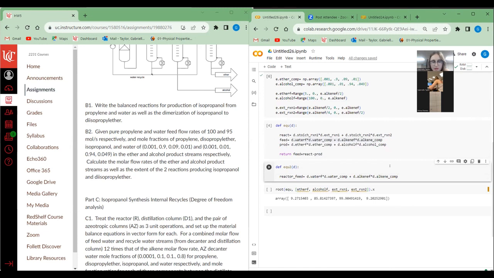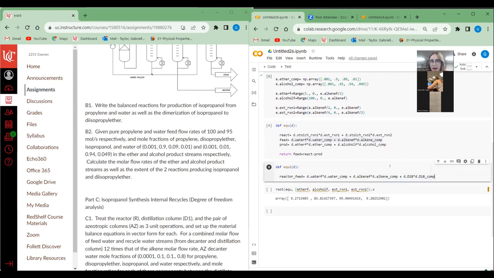So let's add D dot D1B, so our backflow of water from our first one. And then we're going to multiply this by our composition, right? So this is going to be the backflow times our composition. And then let's add our decanter.